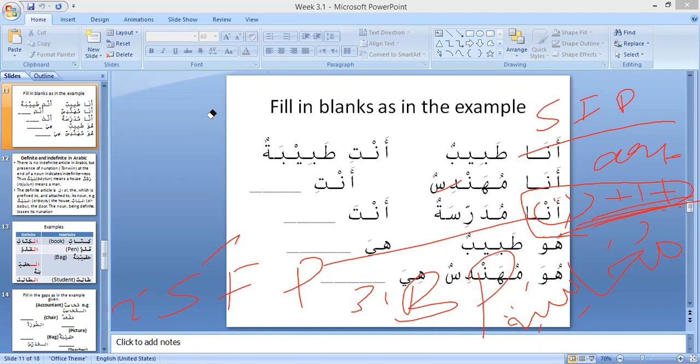Mus'ab Ismail. What is the dual of Talibah? Talibatan. And what's the plural? Talibat. You're correct. Even your names, you can turn into dual and plural, right?